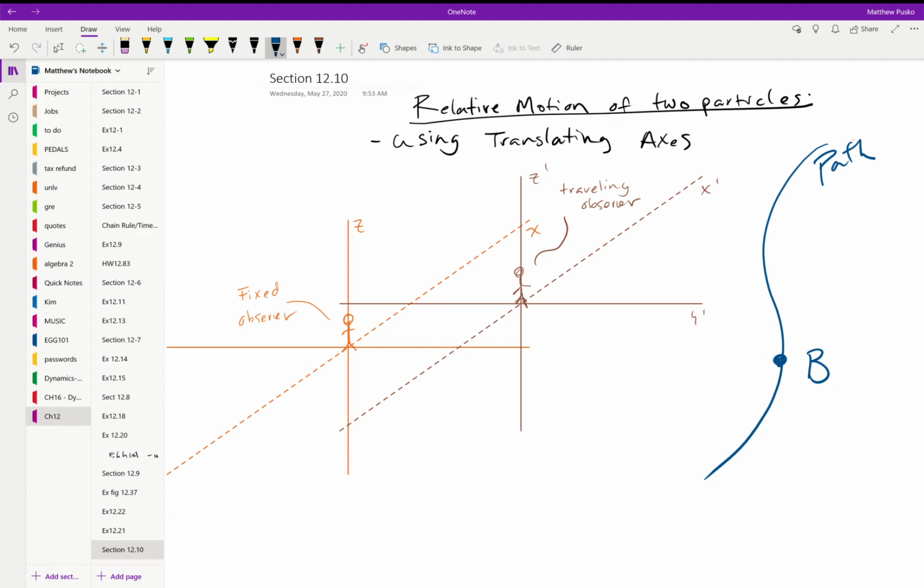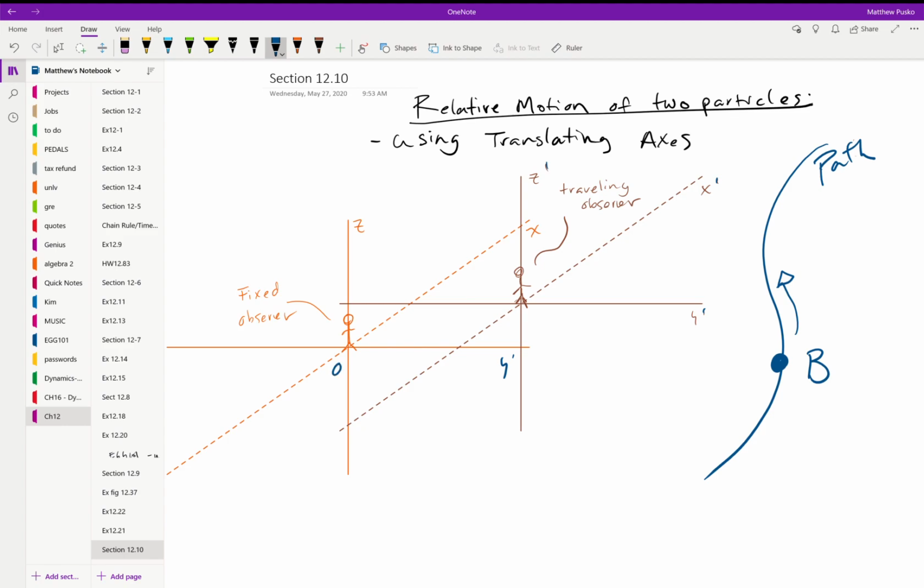If we have some fixed observer right here, and someone that's traveling in some traveling reference frame that will give primes. So it's got an x prime, y prime, and z prime. And they're both observing some particle B moving along some path. So it could be moving along with some velocity or acceleration.